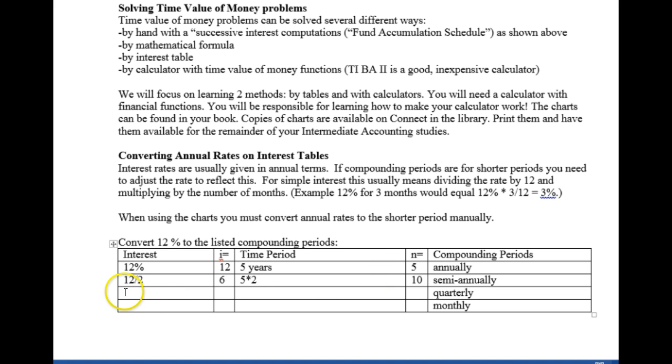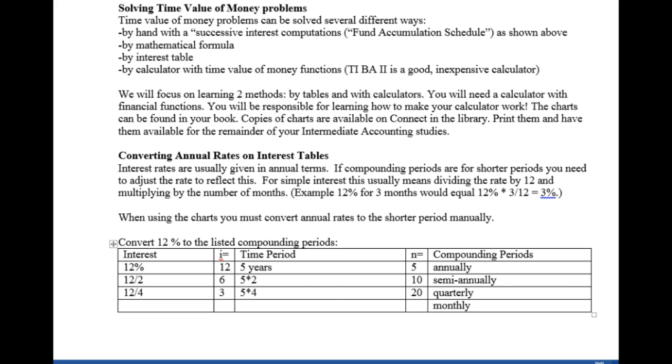If you're going to compound 12% quarterly, which is 4 times a year, 12 divided by 4 would be 3% per period, so i would equal 3. And the number of periods would be 5 years times 4 times a year, so n would be 20.